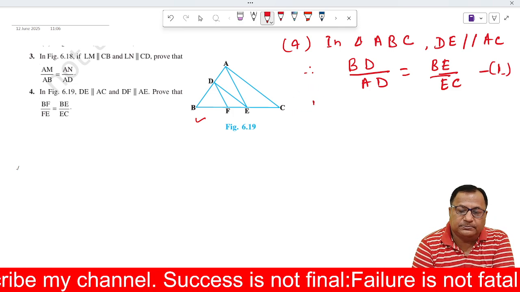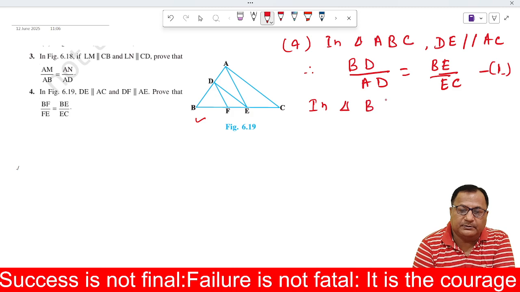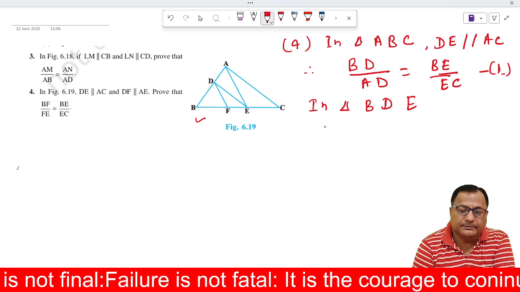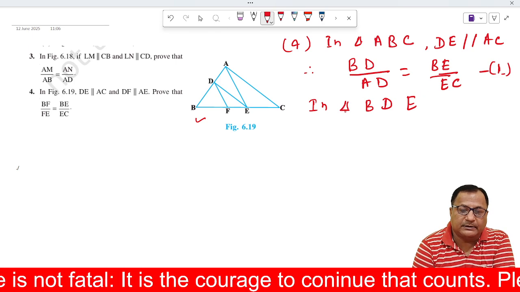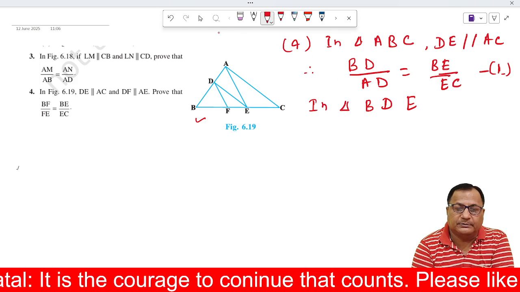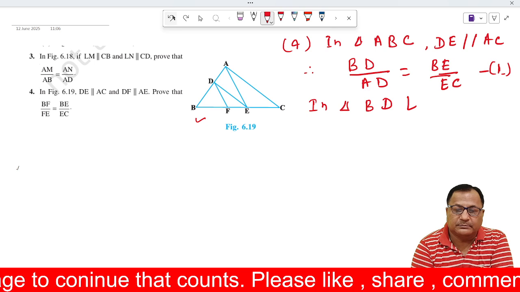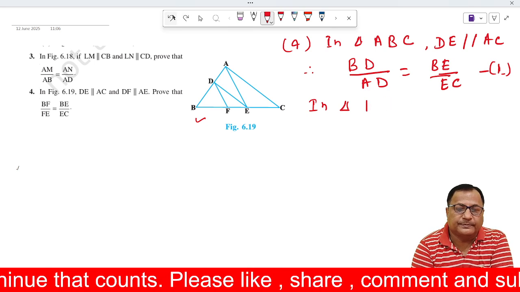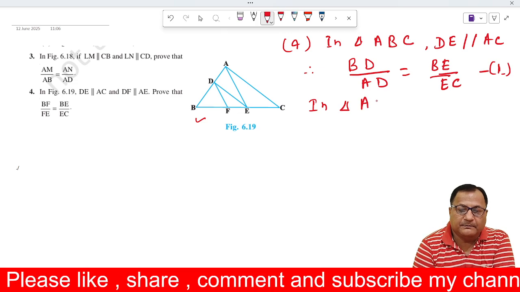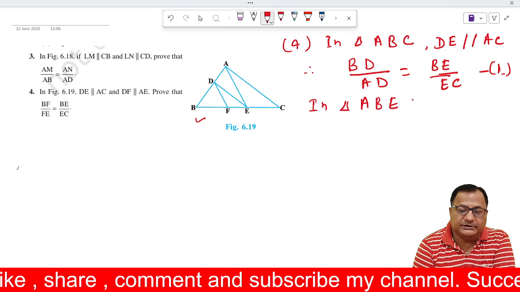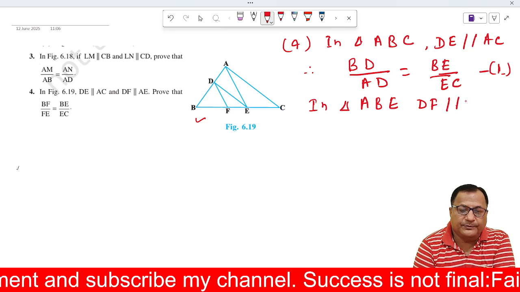Now in triangle ABE, DF is parallel to AE.